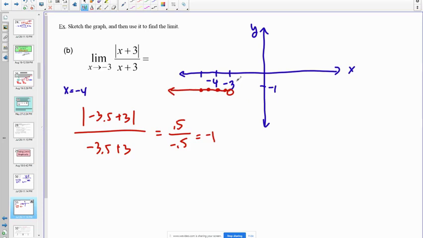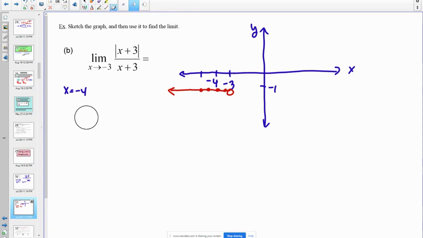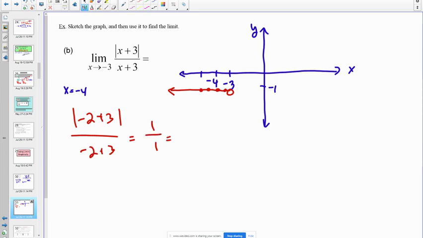Okay. What happens if I plug in numbers bigger than -3? So let me plug in -2. If I plugged in -2 into this function, what would I get? I would get 1. So at -2, I would get 1. All right, what if I plugged in -1?